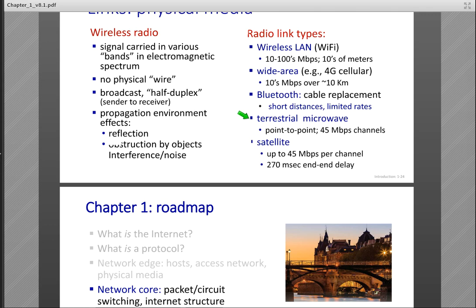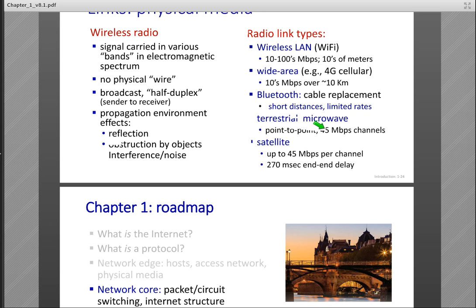Let me talk about radio link types. We have several radio link types. For example, Wi-Fi. We talked about Wi-Fi. We talked about fourth generation and cellular networks. Bluetooth is another case. The range of Bluetooth is very limited, just a few meters, short distances.